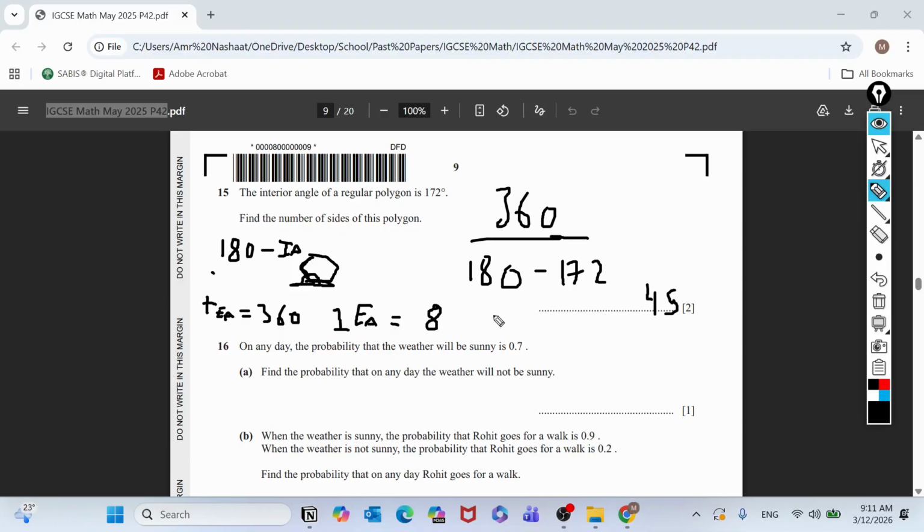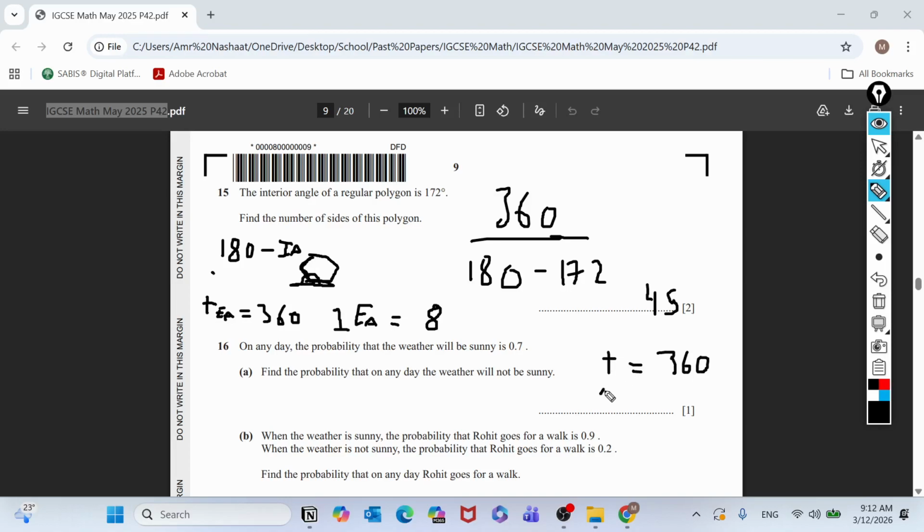Now, how many exterior angles are there for the total to be 360? Let me write it down here, okay? The total is 360.